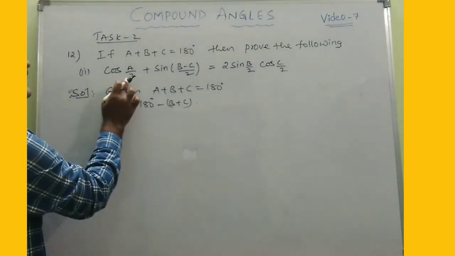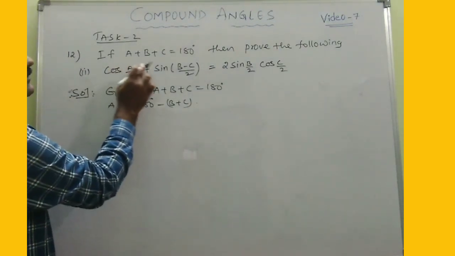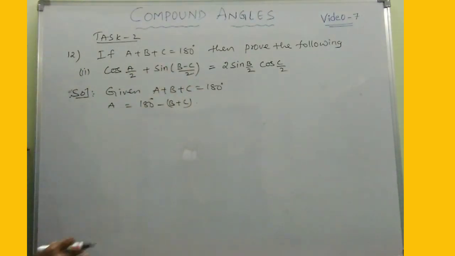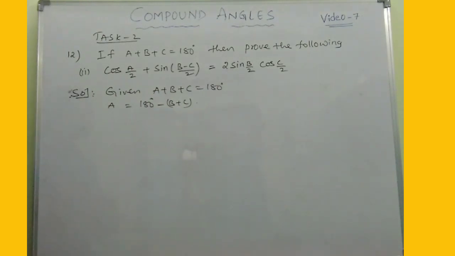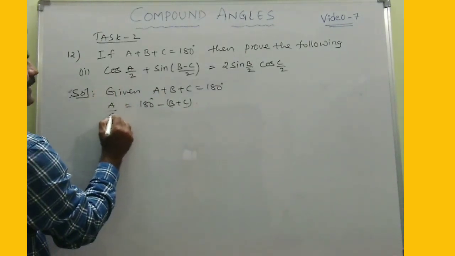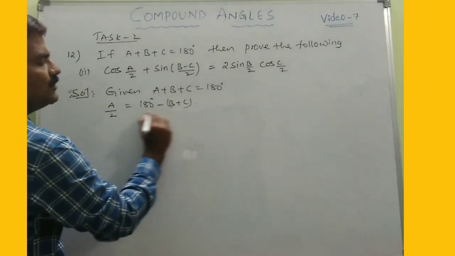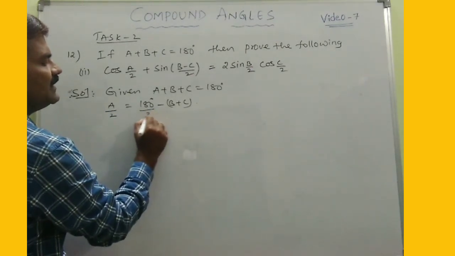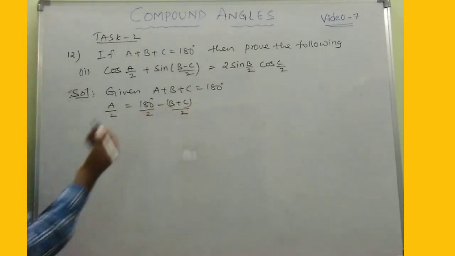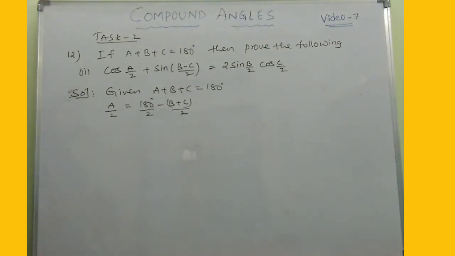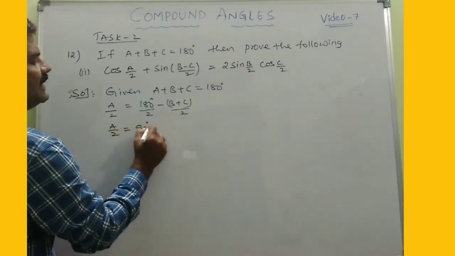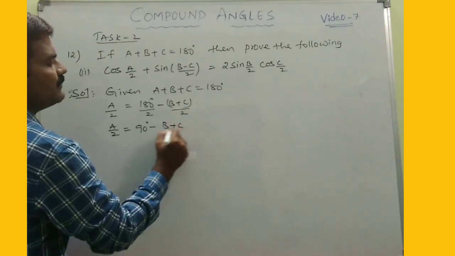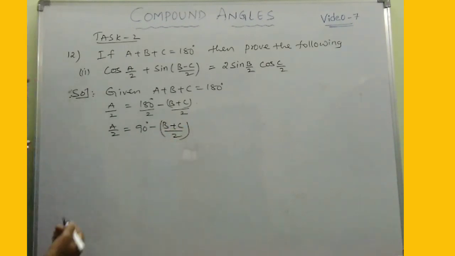But in this case, we are talking about A by 2 and (B minus C) by 2. So first of all, I can write that A is equal to 180 minus (B plus C). Since I want A by 2, it is the whole divided by 2, so I can write 180 by 2 minus (B plus C) by 2, which is nothing but A by 2 is equal to 90 degrees minus (B plus C) by 2. Okay.